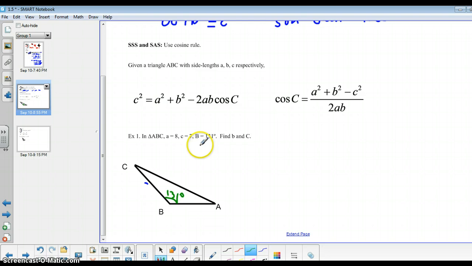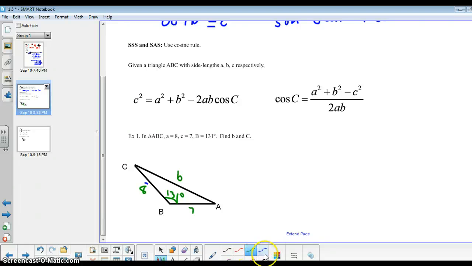So the first thing was setting up what B is, and now remember our side length A is opposite our angle A. So this side would be 8, and the side opposite C would be our side length C, so that would be 7. This side length would be opposite B, so that would be our unknown B. It's really important to understand that setup, so if you need to, pause the video and make sure you understand what we just did.